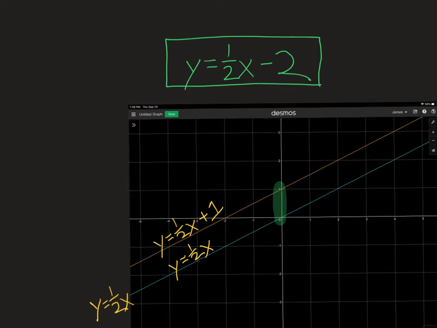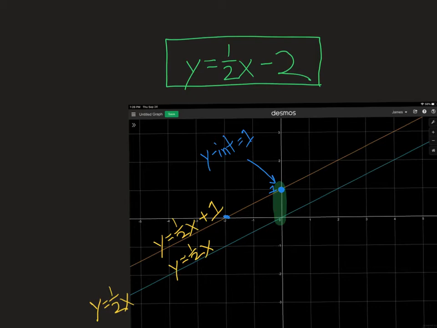I'm going to go back to a page with a little less on it, just to not be so messy. If we looked at our third line, the y equals 1/2 x plus 1, that's where it crosses the y-axis. So our y-intercept here equals 1. And I covered that up. You can't see the 1 anymore, but there's a little 1 right there.